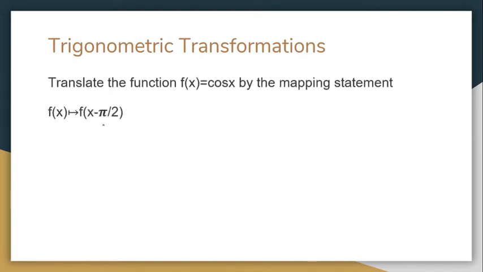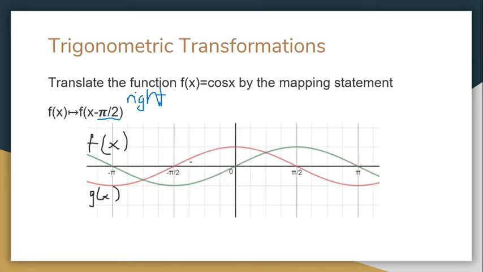Now, what happens when we have it inside? Well, remember when we had it inside before, we do the opposite of the sign. So you would think that this would go left, but it actually goes right. We're just shifting every point right by pi over 2. If we look at our graph, the f of x and g of x labels are backwards here on this one.